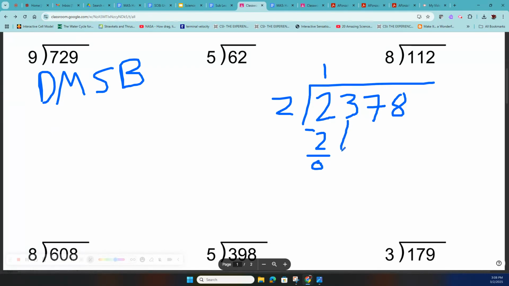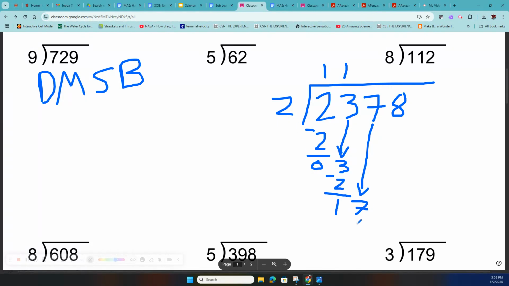So I'm going to draw an arrow, bring it all the way down, and I go back to divide step. 2 fits into 3 once. Multiply step. 2 times 1 is 2. Subtract step. 3 take away 2 is 1. Bring down step. And now we're dealing with 17.